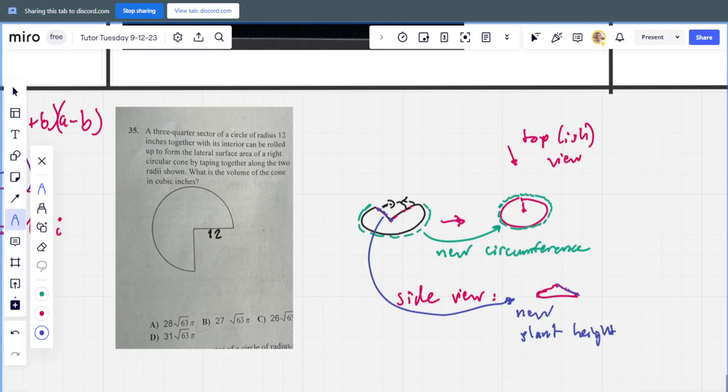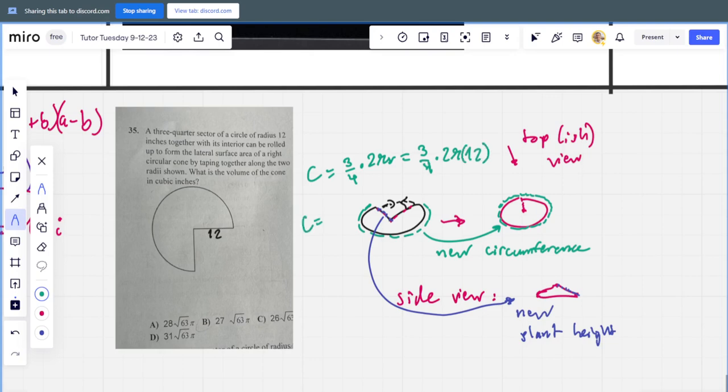So from there, the circumference of the circle, the original circumference, or the new circumference, I guess, is equal, circumference is usually equal to 2 pi r. In this case, it's 3/4 times 2 pi r, since we only had that much of the original circumference. So 3/4 times 2 times pi times 12.